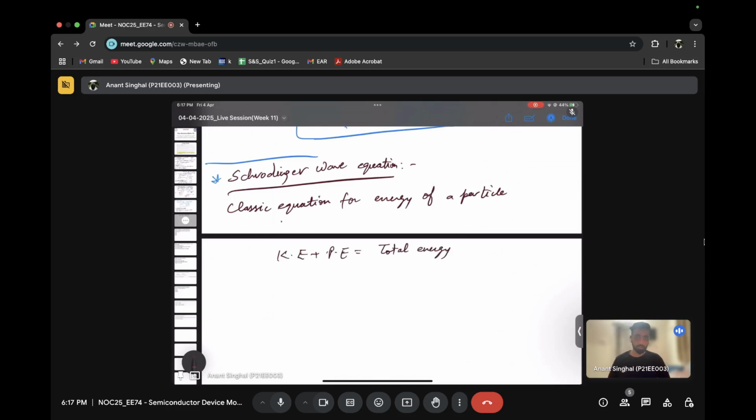So classically, the total energy is p squared by 2m plus the potential energy, which I'm denoting with V. This is how we write it in classical physics.